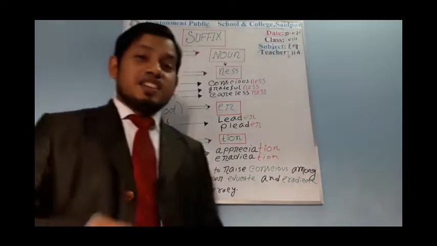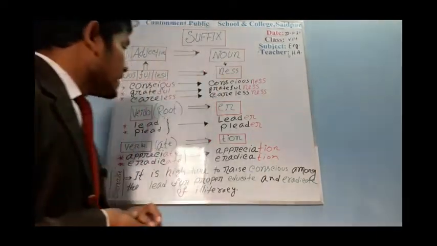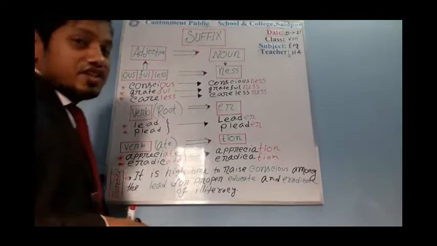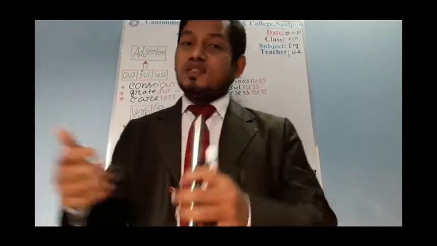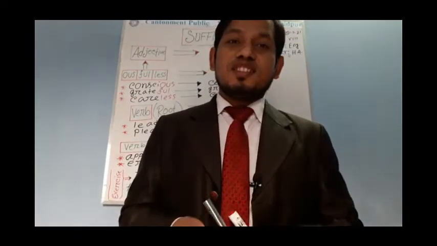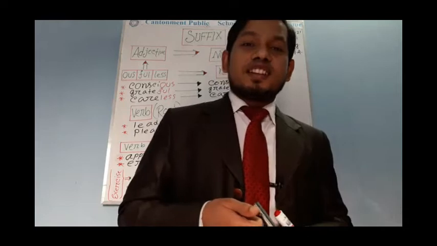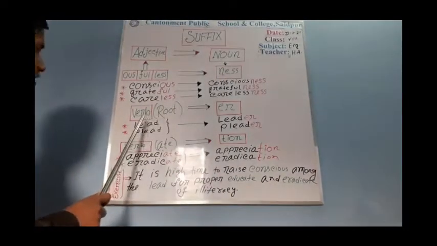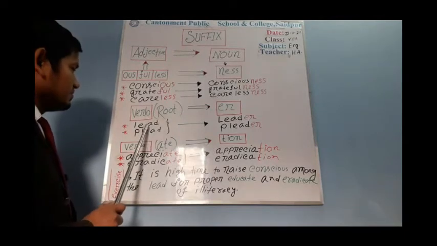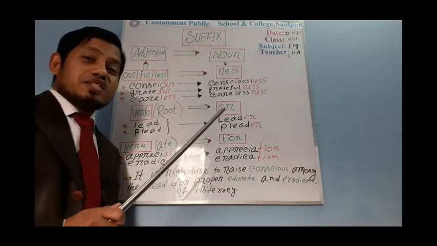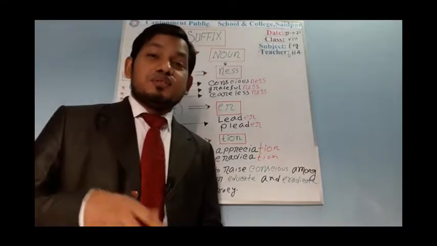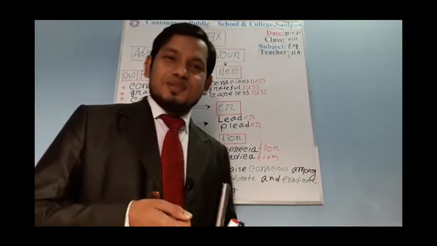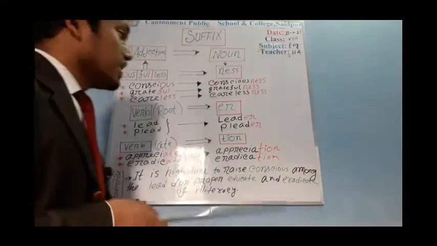A verb is obviously a root word here, but we can easily change the verb into a noun when we need to, in our correct spoken and written English. Learners, there are actually a lot of examples, a lot of words where we should use ER to change the word from verb to noun, right?